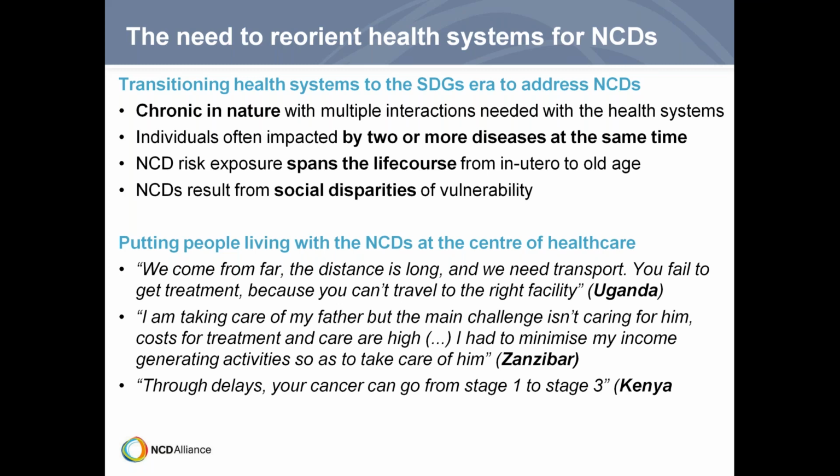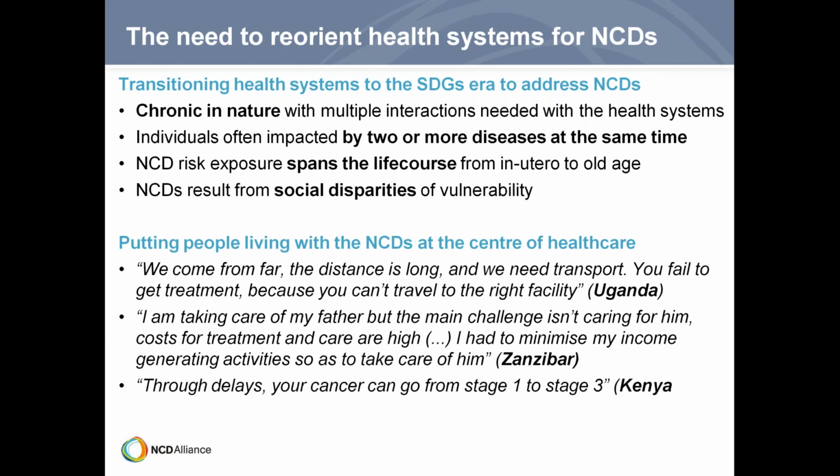Secondly, it's a different story because most people are actually impacted by multimorbidity. In a recent report by the George Institute, they were stating that multimorbidity is increasingly becoming the norm rather than the exception.